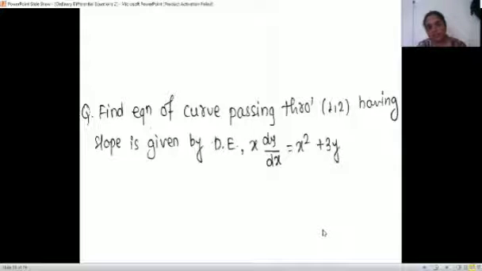I'll tell you how to solve. Which form is this? What should we do? Can anyone share please? Can we separate the variables? No. Right now we cannot.